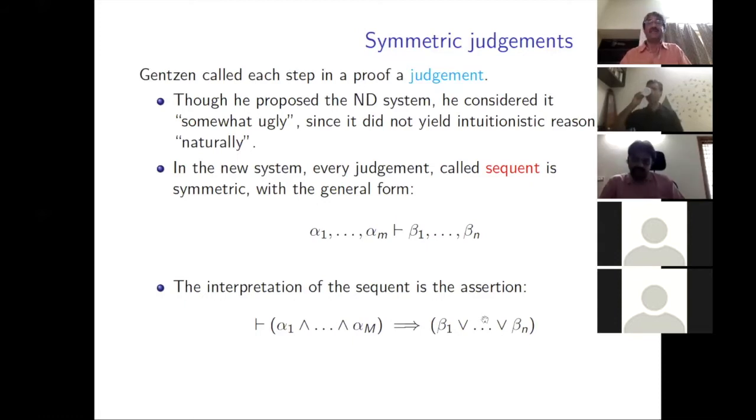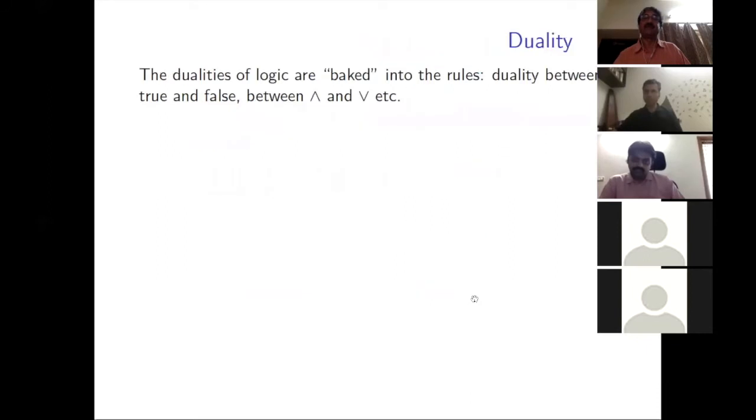And the sequent calculus is to manipulate sequents. So how do you derive one sequent from another? That's it. So it's very close to natural deduction, but with this very important distinction. And as you will see, it's almost a fanatical devotion to symmetry and duality. So the dualities of logic are baked into this: the duality between true and false, between conjunction and disjunction, all these.